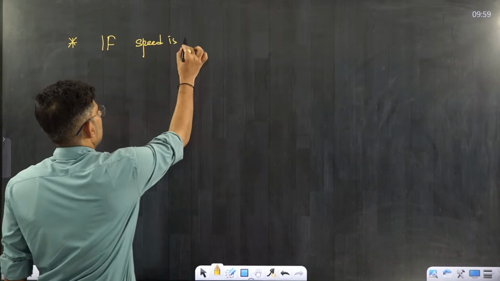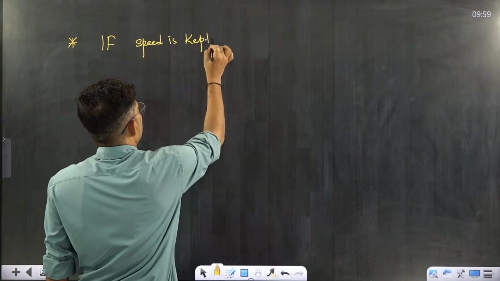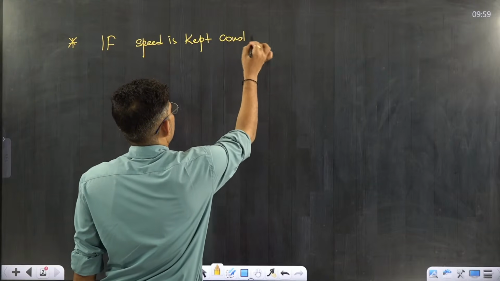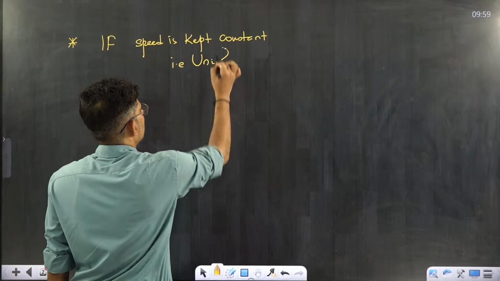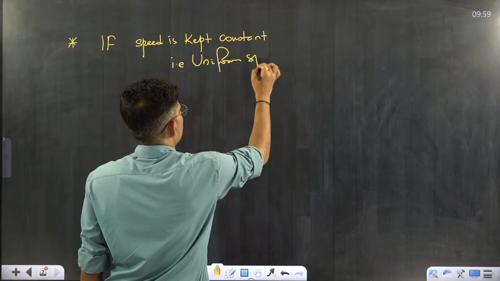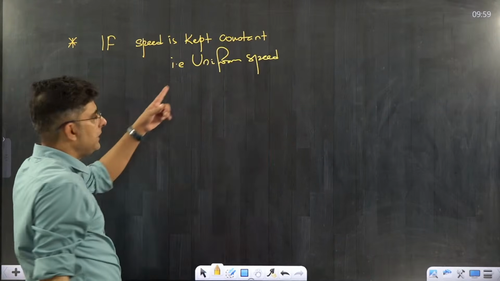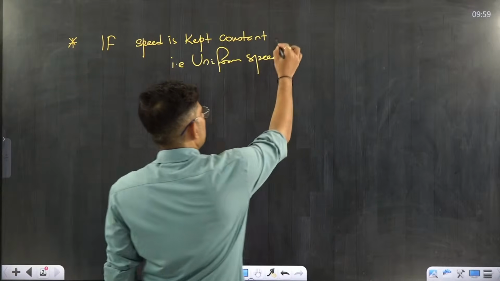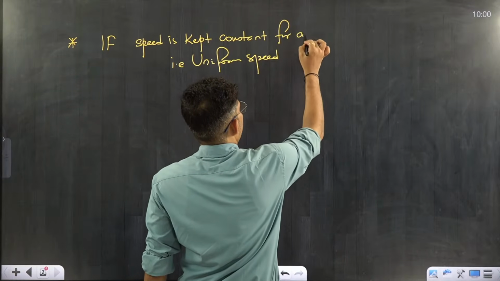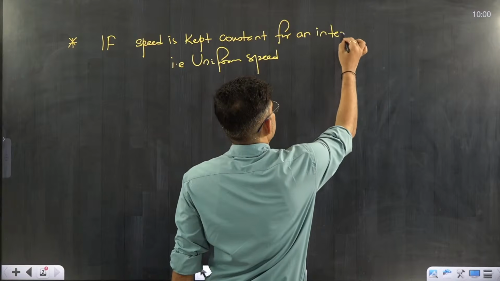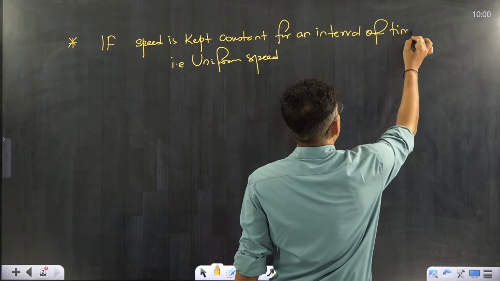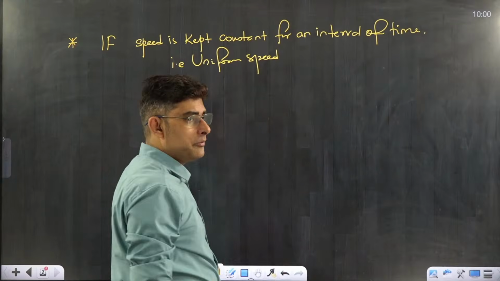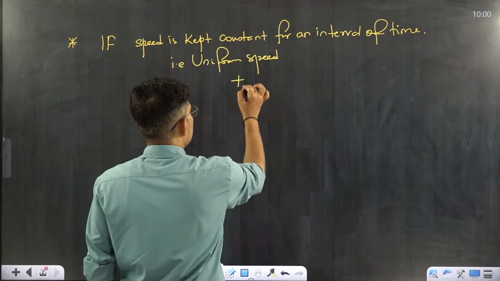So this should be remembered: if speed is kept constant for an interval of time, we use the word uniform speed.